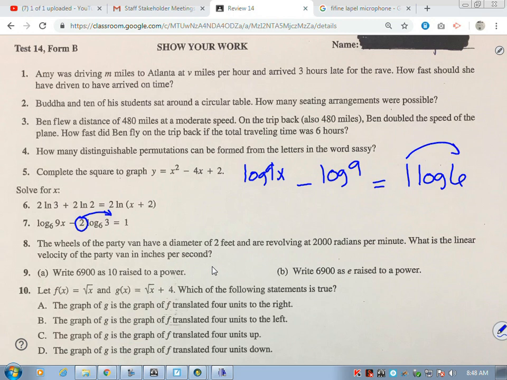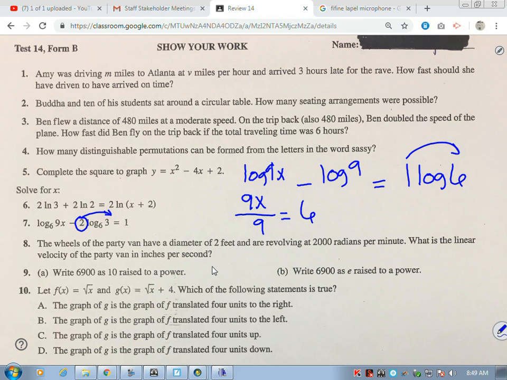No. So what I'm seeing then is I have log 9x minus log 9 equals log 6. Is the base the same in each of them now? Okay, what happens, I see subtraction between log 9x minus log 9. What happens whenever I drop that log off? And so I'm going to rewrite it as 9x over 9 equals 6, right?